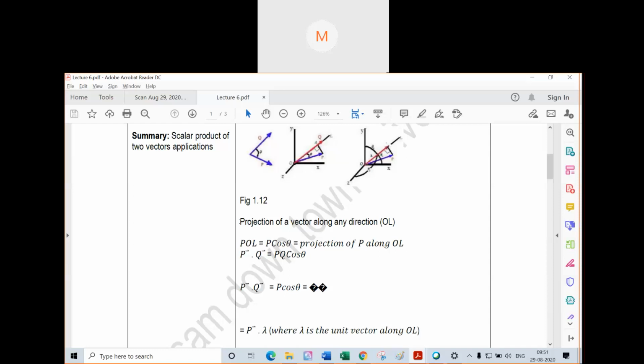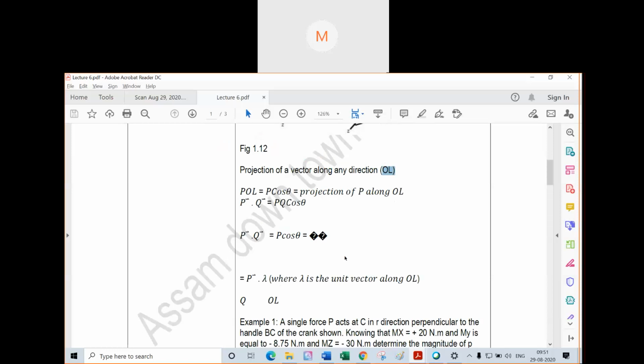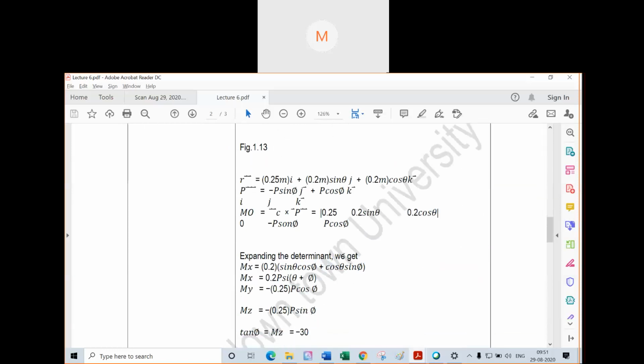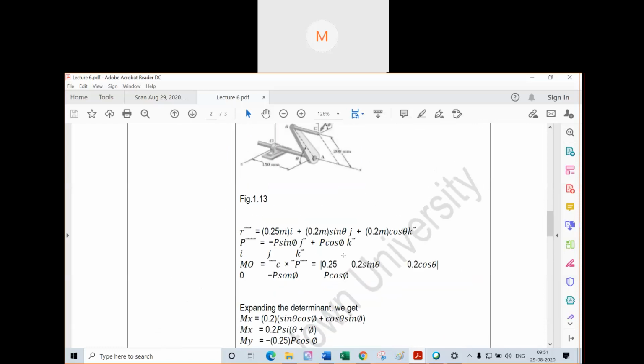So how do we project a vector along a direction? Angle POL, this is the center point O. Along the direction OL, the projection is P cos theta. This is how we project a vector.